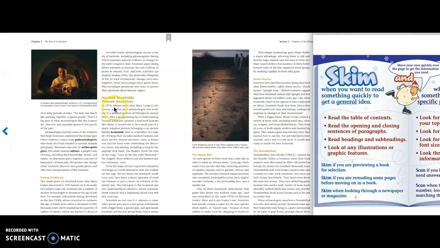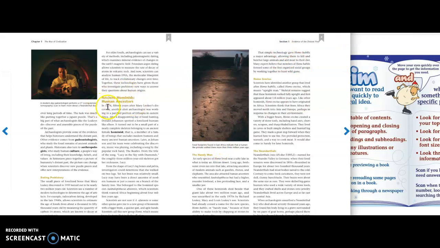Okay, I would actually first read these big headers right here. So this is chapter 1, the rise of civilization. So I know this is when civilization is beginning. So this first title, ancient hominids, human ancestors.